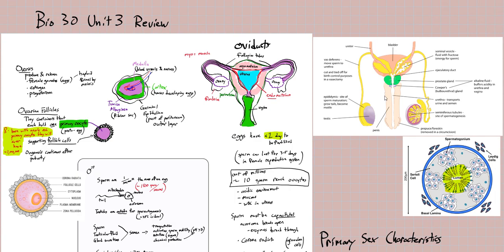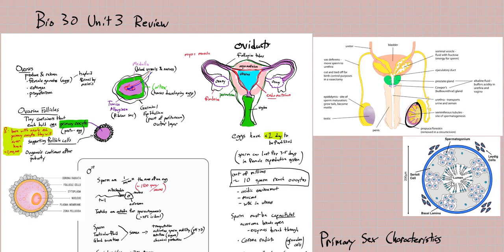For the male reproductive structures, we have the testes. And the testes are the site of sperm production. They're also the site of testosterone production. Inside of the testicles, we have things called seminiferous tubules. And the seminiferous tubules have cells called Sertoli cells, and those along with spermatogonia are going to help to produce sperm. Sperm take a while to be created.